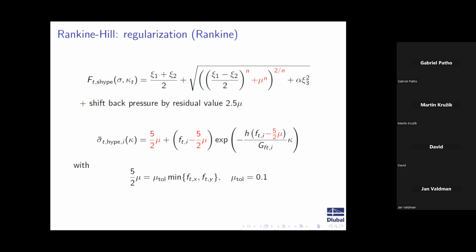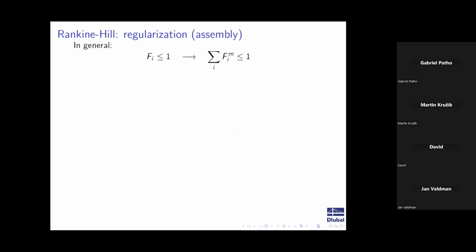And we can now sample our two surfaces into one. In general, how these superquadrics work: if you have more surfaces described by F_i less than or equal to 1, you make a sum of these with a power of n. So this is the regularization by superquadrics.